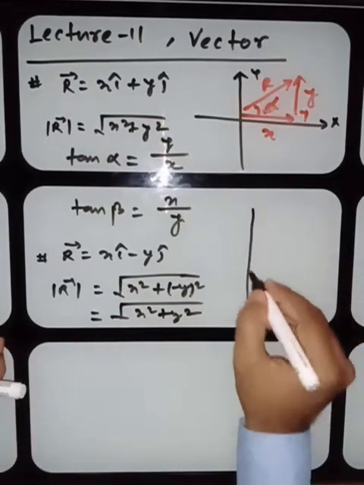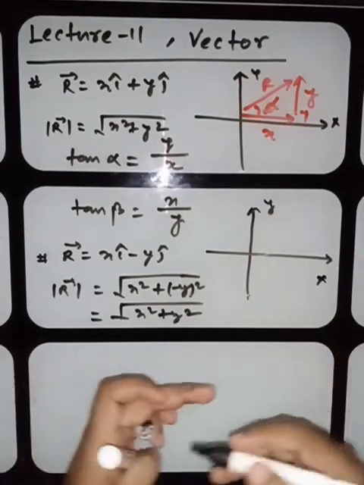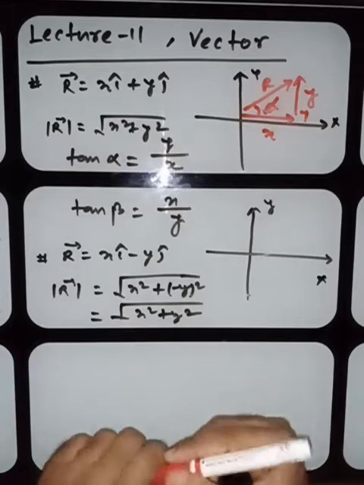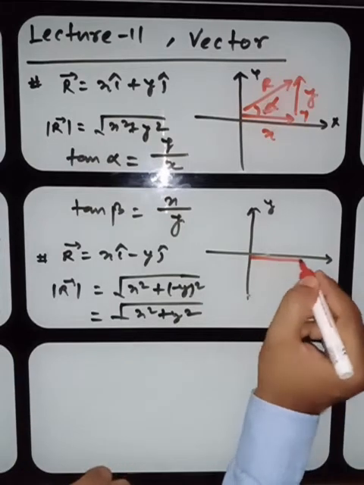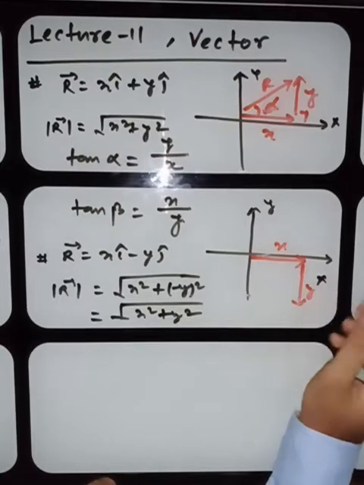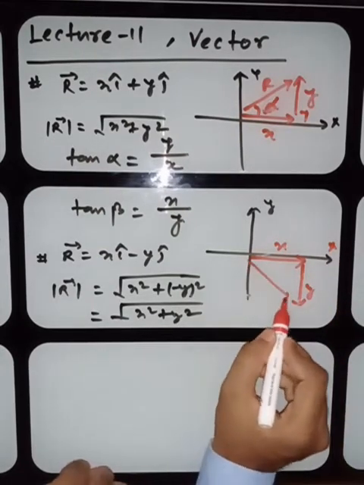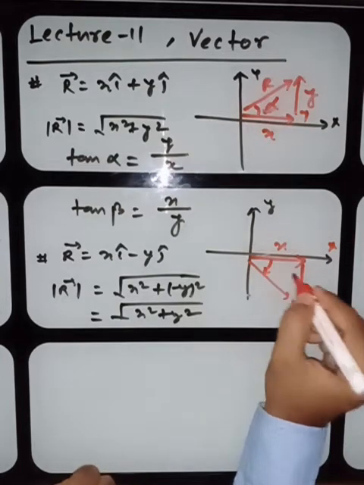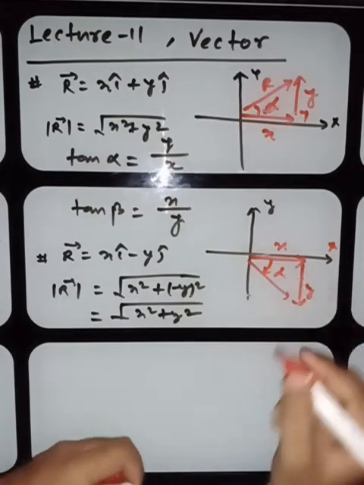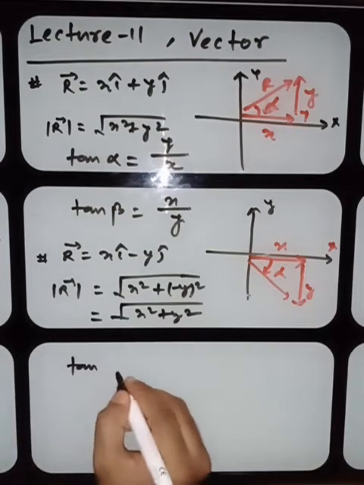Now again try to look over the axes y and x. Let me draw x and y. This is the x and this is the y. This is the x-axis. Now the resultant looks like this. Will the angle be positive? No, this is negative. Now you can find directly the tan alpha here.